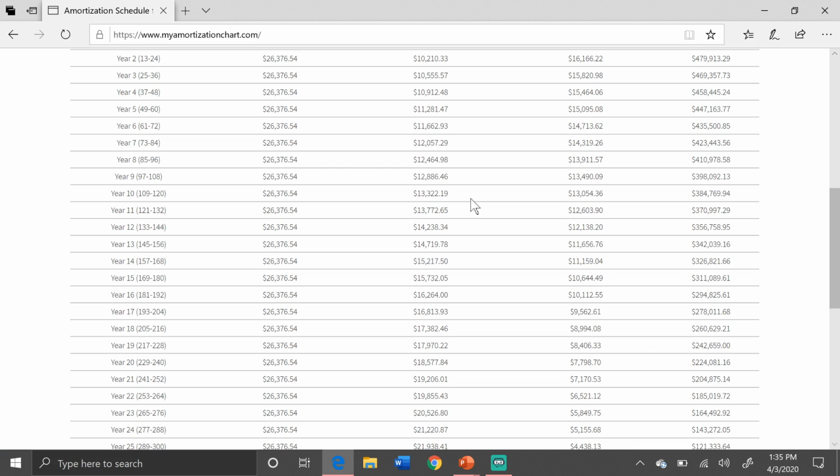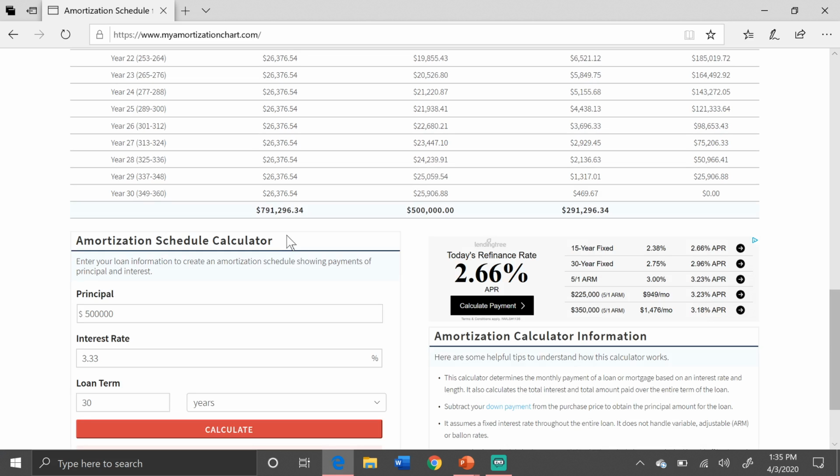Now that's on a 30-year loan. So by the time you get to the very bottom of the loan, if we take a look at year 27, $23,000 on your loan is going towards your principal. Only $2,000, well, more like $3,000, is going towards your interest. So over the life of a $500,000 loan, look at how much you actually end up spending.